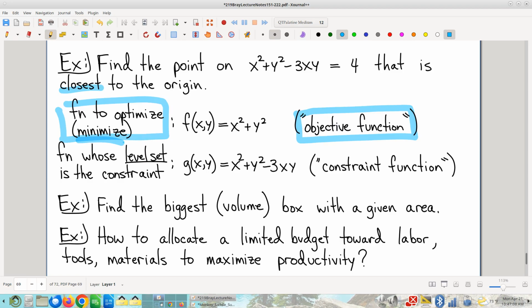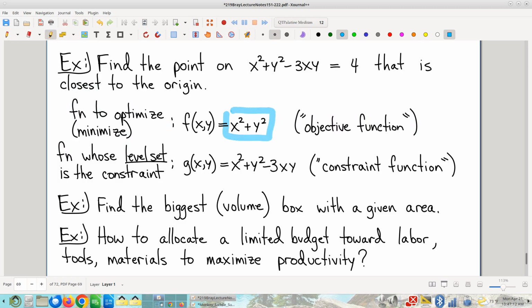Now, I am quite aware that this is not distance. Right? This is the square of the distance. So very often there are some little fast ones that are kind of cool to pull, and I encourage pulling fast ones when it will make your life easier. The fast one that I'm pulling here is that if I minimize distance, I am also minimizing distance squared. Think about that for a second.